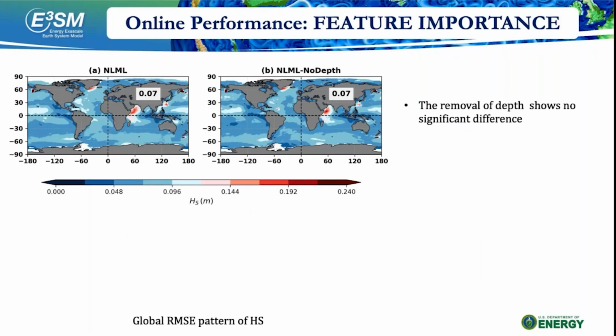We also want to look at the importance of what we improved in the ML model compared to previous studies. We added additional inputs. The first is the depth. We trained our model with no depth, but we realized that the removal of depth shows no significant difference.